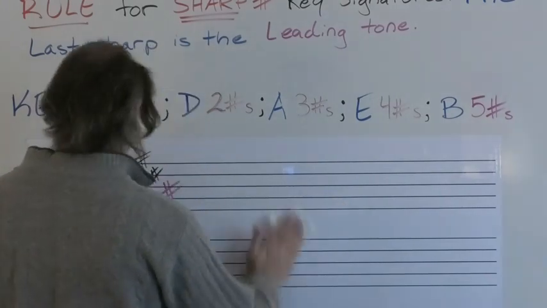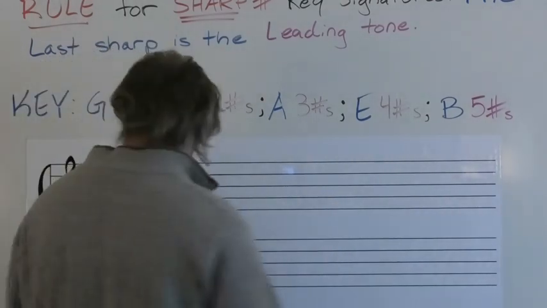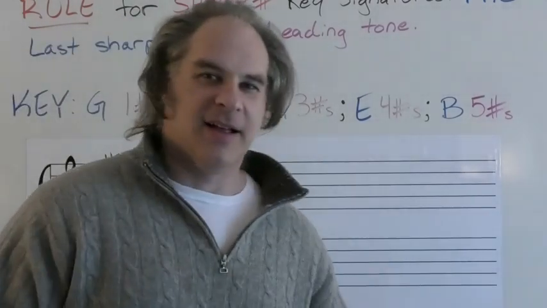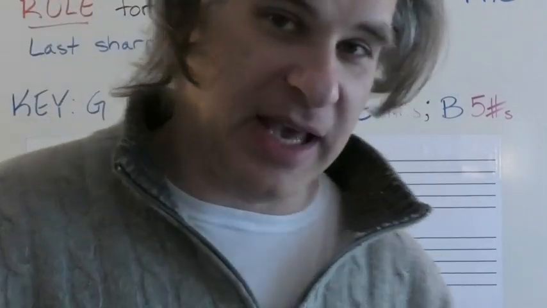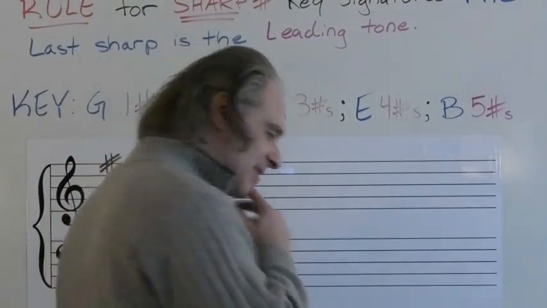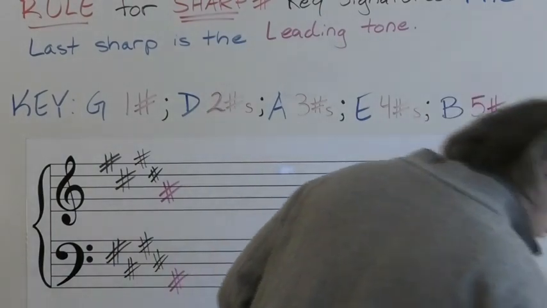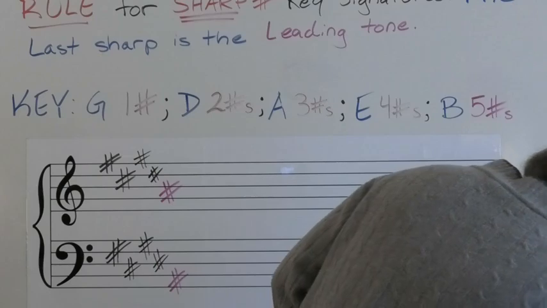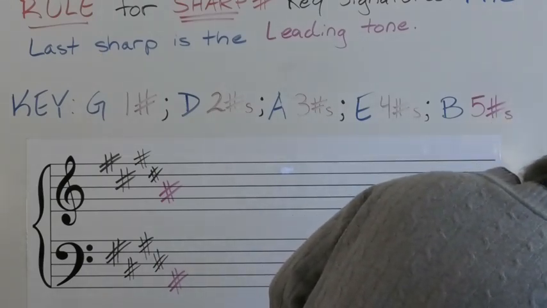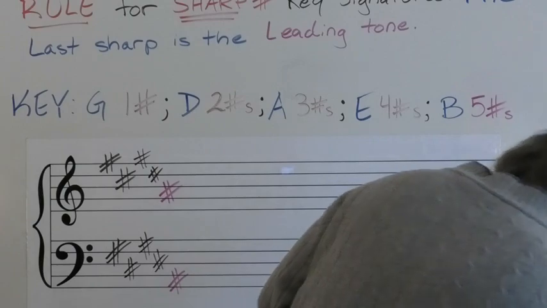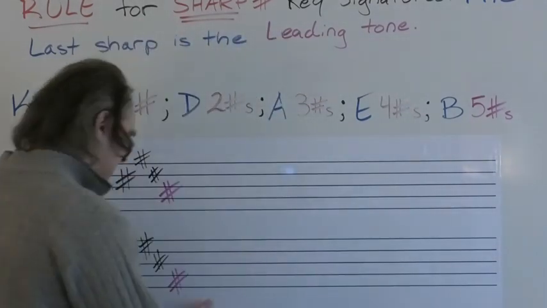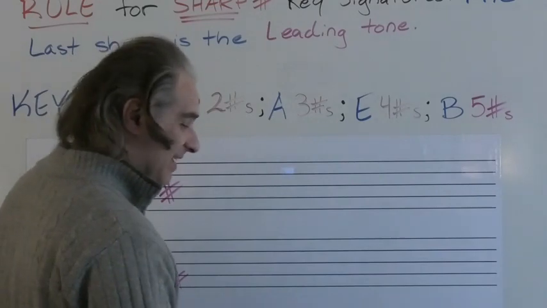There are 5 black keys: C sharp, D sharp, F sharp, G sharp, and A sharp. There's 5 black keys.